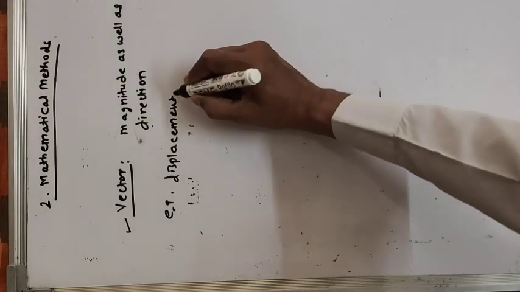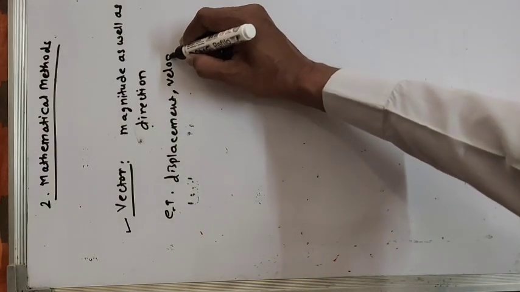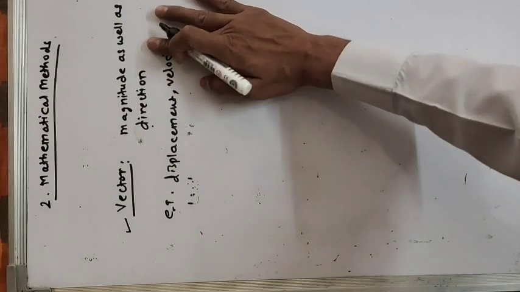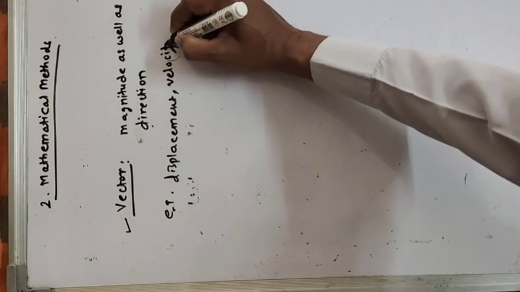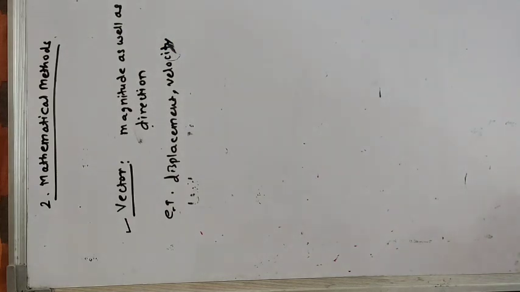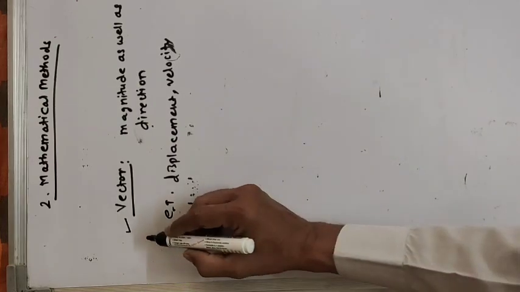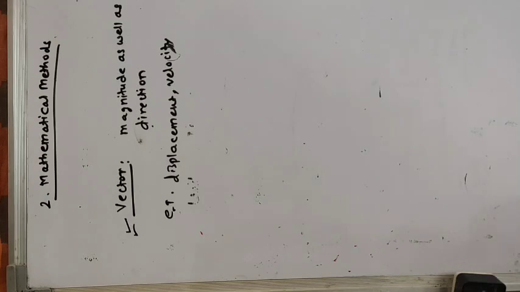Displacement is an example, then velocity, acceleration, linear momentum, force, impulse, torque, magnetic moment, magnetic induction field, intensity of electric field. These are examples of vector quantities.